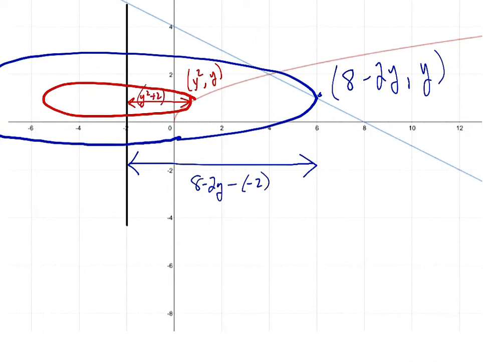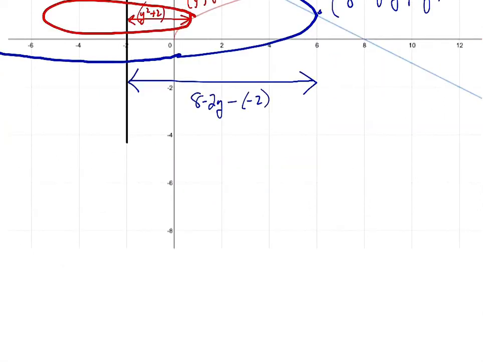And then knowing those, we can write our integral here, which is going to be pi. We are going again from 0 up to 2. The outer radius is going to be 8 minus 2y plus 2, or 10 minus 2y squared, minus the inner radius, which is going to be y squared plus 2, all of that squared.